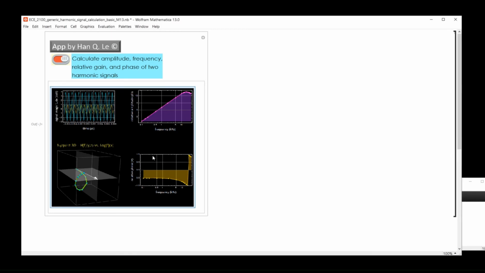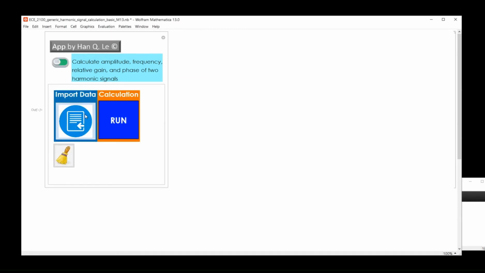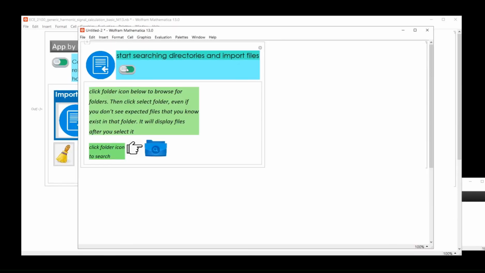The data files are to be imported into this app for the calculation of frequency response.